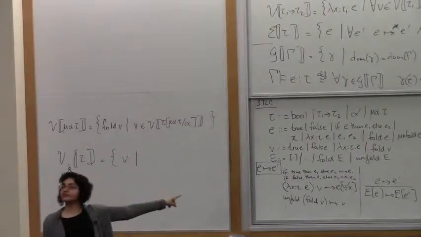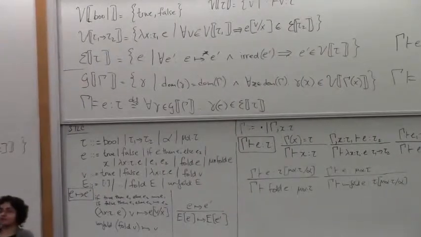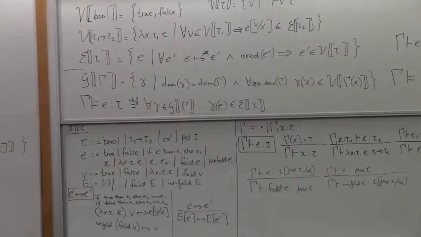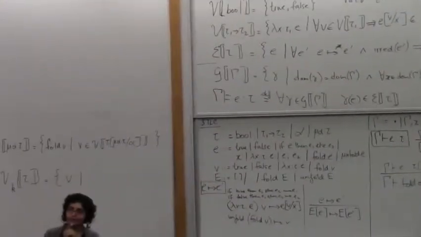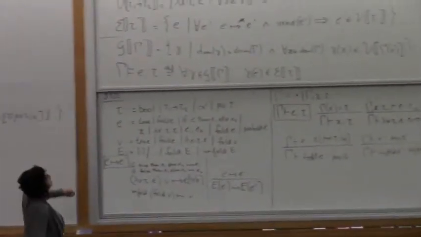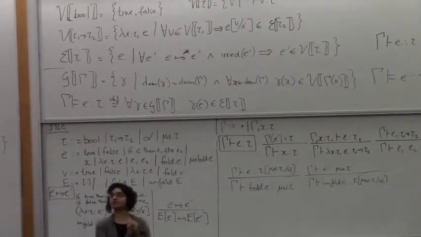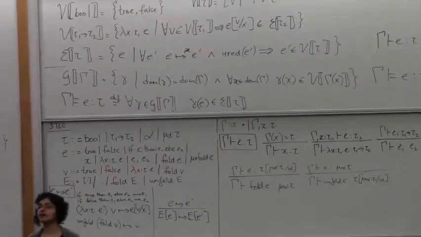If you're looping, then I have nothing to show. The definition of E tau says if I give you an expression and it just keeps looping, then in order to show that the expression behaves like it has type tau, you don't need to prove anything. The definition of E tau says for all E primes, when you run E, you get to an irreducible state. You only need to prove something when it's not looping.